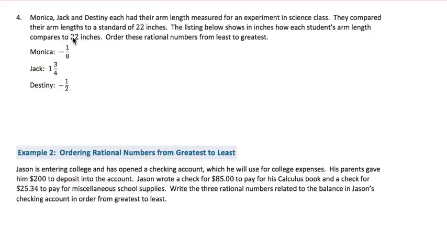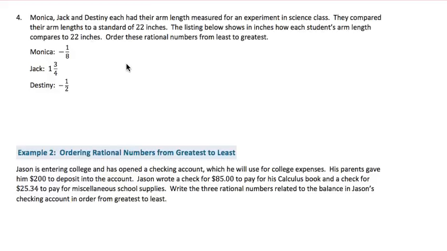It is our standard. So negative 1/8 means that it is 1/8 of an inch below 22 inches. And 1 3/4 means that it is 1 3/4 inches above 22 inches. And negative 1/2 means that it is 1/2 inch below 22 inches. The 0 in our problem is 22 inches, the standard that we're comparing.